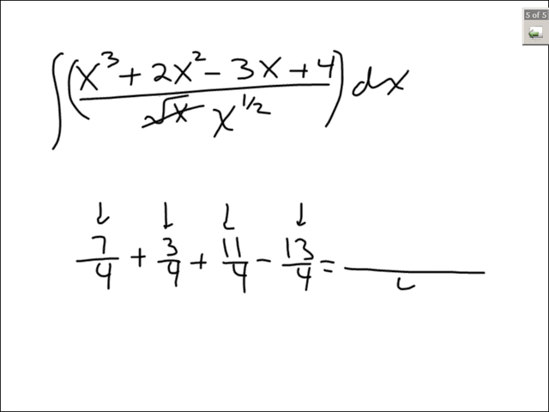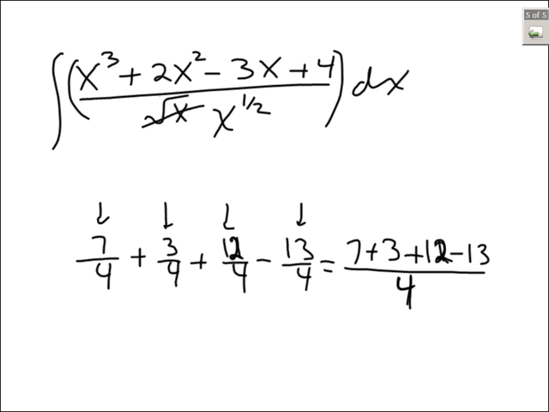Well, we're adding or subtracting, and all the denominators are the same. They're all 4, so they stay 4. The numerator will be the result of 7 plus 3 plus 11 minus 13. Let's just make the 11 12.